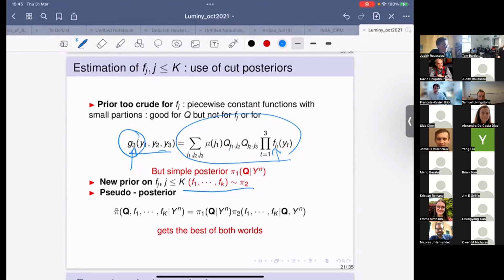And my full posterior, my cut posterior, is going to be the product of the pi1 I had just told you about, with this conditional distribution on F given Q and Y, based on this new prior. Okay. And hopefully, by doing that, I get the best of both worlds, in the sense that I know I'm good for Q, and hopefully I can also be good for F with this object.